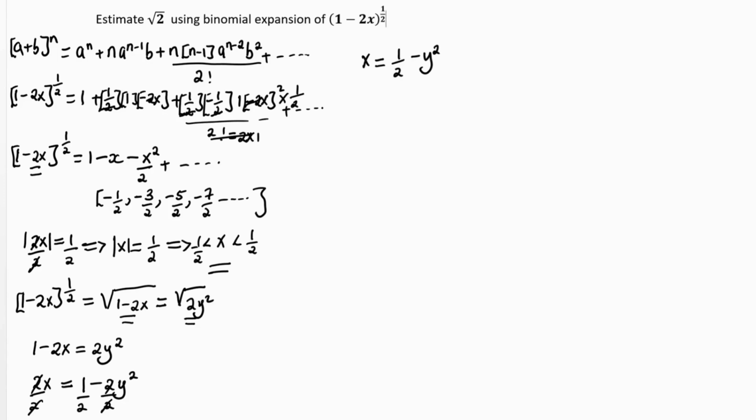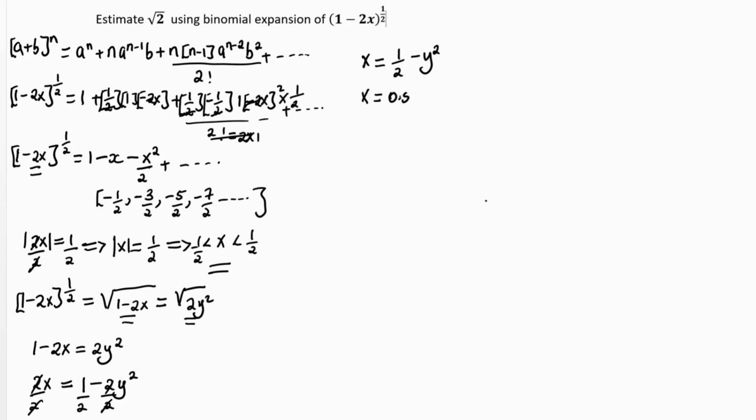The value of x lies between negative half and half for this expansion to be true, but the most accurate answer is given when the value of x is close to 0. Therefore, we need to find the value of y, which will make the value of x close to 0. It should be a perfect square.